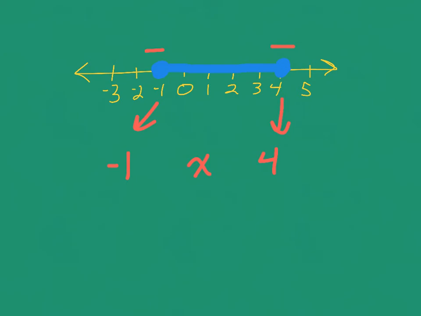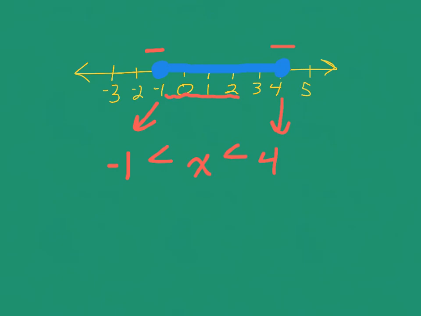Now we just kind of look at, now we don't have symbols on our arrows, it's just everything that's in between. So it may be a little more by looking at what type of numbers we have. So 0, 1, and 2 are bigger than -1, and 1, 2, 3, those are less than 4. So let's go ahead and put those in. We want bigger than -1 and less than 4.